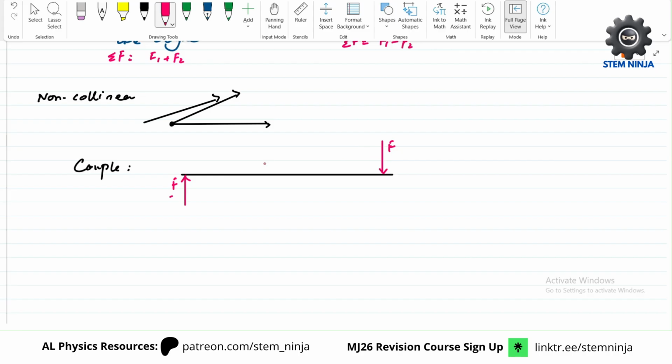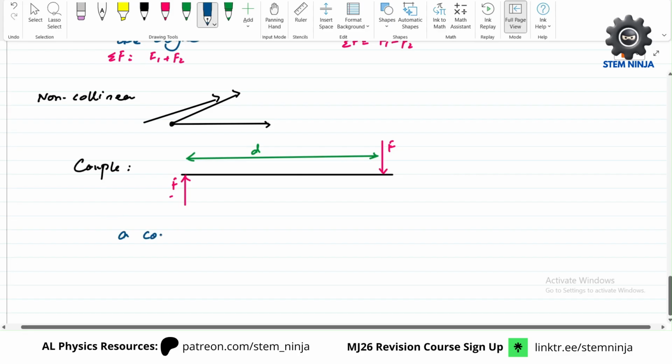Their lines of action do not coincide. If their lines of action coincided, then we could add them also. So for example, if this is F, we could add them. But since their lines of action do not coincide, it produces a sort of rotational effect. Whenever forces are separated by some distance, there's a tendency for a rotational effect.